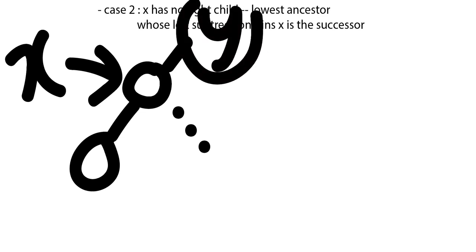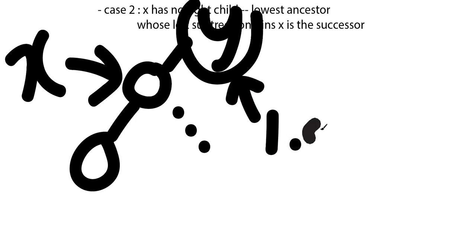This y is the lowest ancestor of this node x whose left subtree contains x, right?